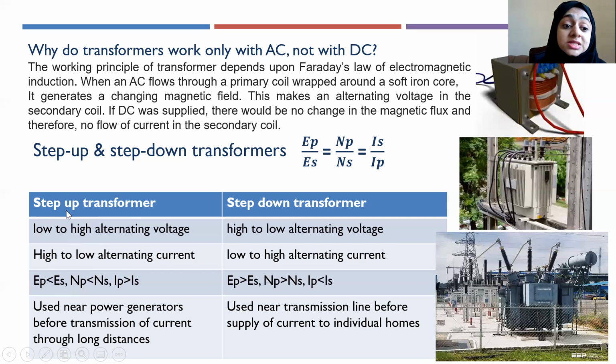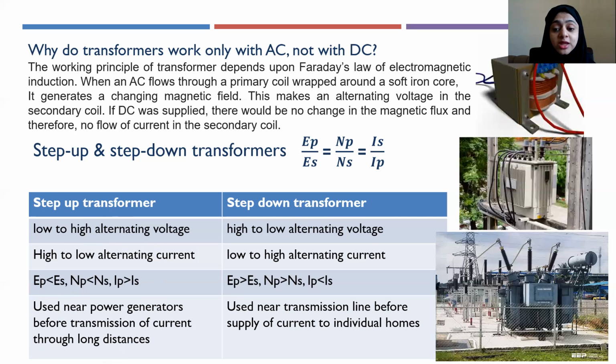So we use a step-up transformer near power generators before transmission of current through long distances, so that the current transmitted through long distances will have a low value, and hence a lesser amount of heat will be lost during this transmission.